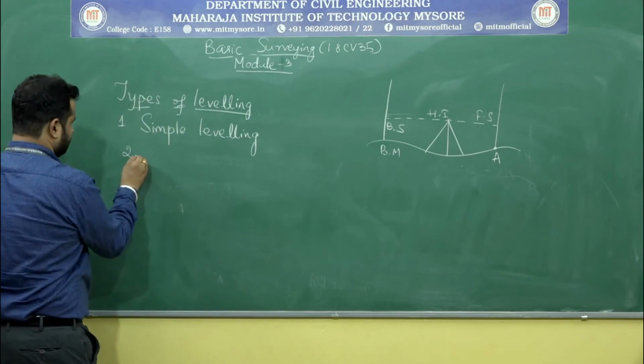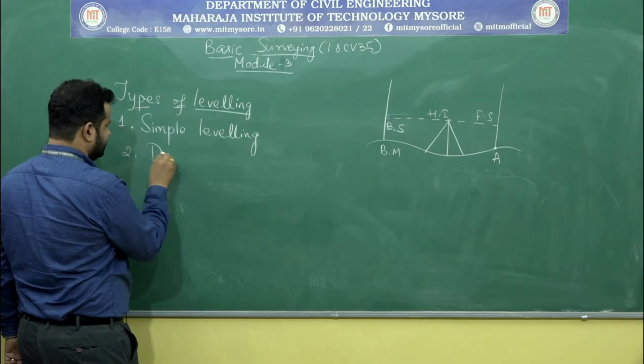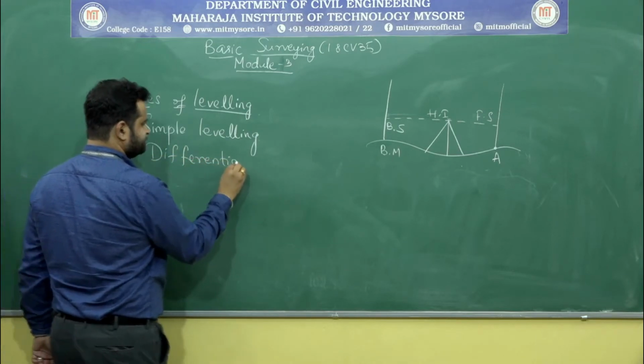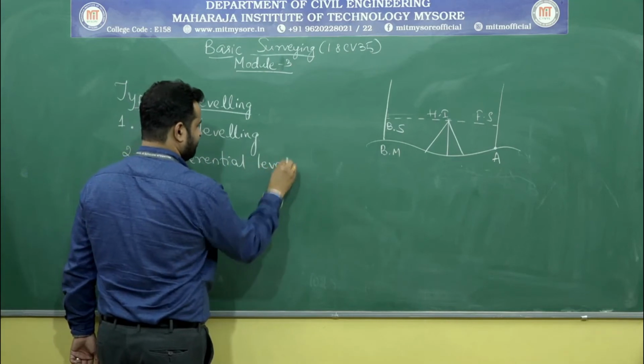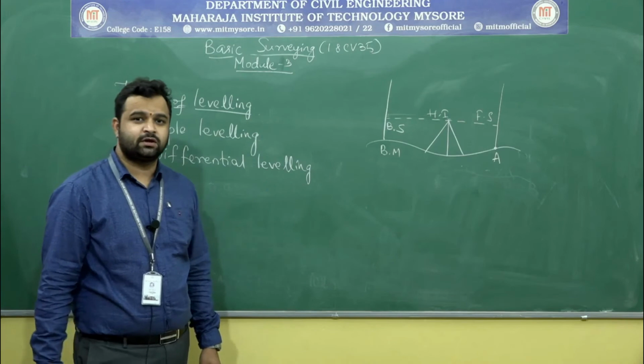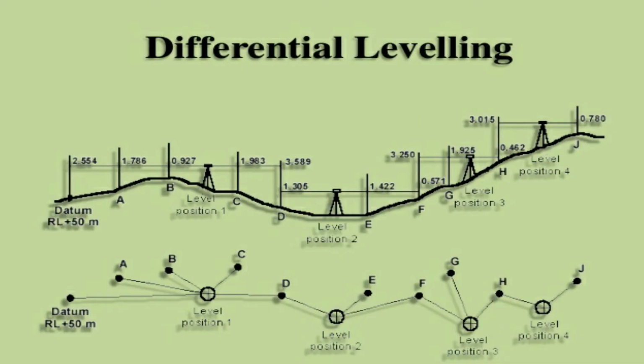Second one, differential leveling. What is differential leveling? The operation of leveling to determine the elevation of points at quite distant points is called differential leveling. So if the 2 points are very near, then that type of leveling is called simple leveling.